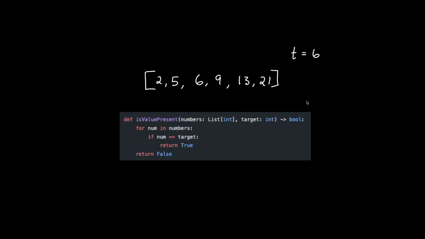Let's pretend for some reason that finding this target value is super important to us, and we want it to be done as quickly as possible. This is one of the major reasons that we study algorithms: efficiency. Currently, how we are approaching this problem is we are looking at each value one at a time in this list until we get to the end of the list. It's great, it works, but can we do better? Can we make this algorithm faster?